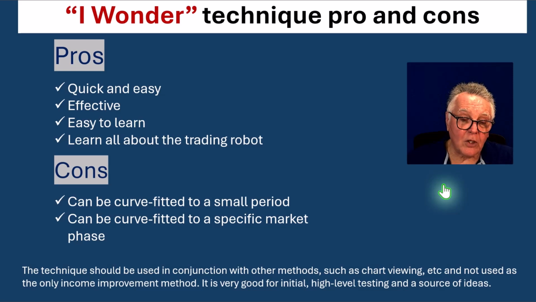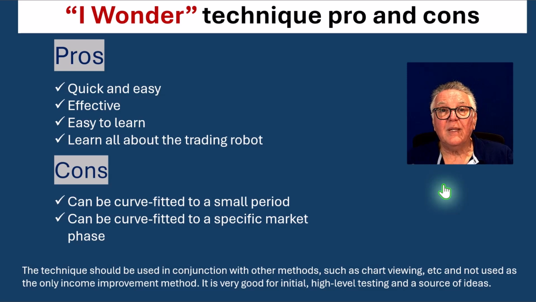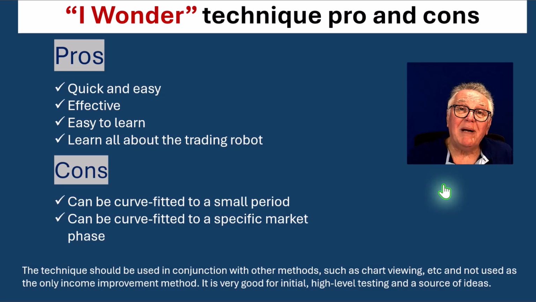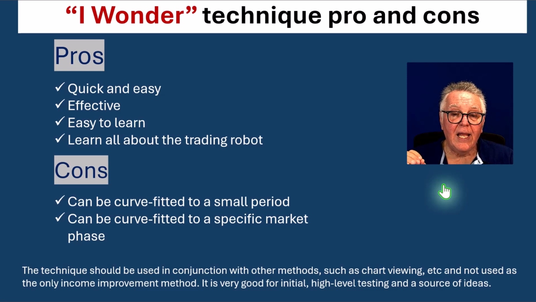Now, the cons are that we are curve fitting to a very small period of time. Like we've only done 3 weeks. Ideally, you should have at least 2 or 3 months that cover a trending and a sideways market. So that's a con, and I mention it as a con, and it's also curve fitted to the particular market that existed in the last 3 weeks.